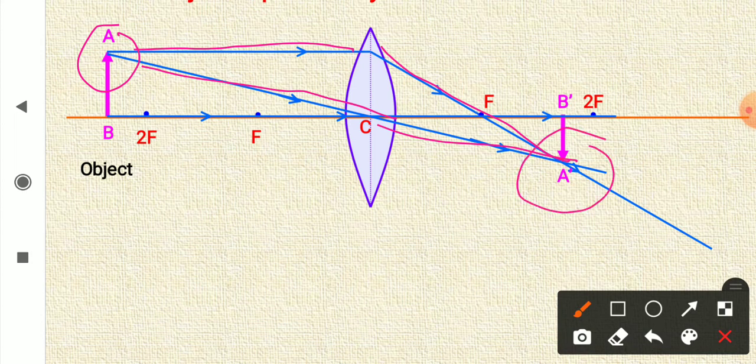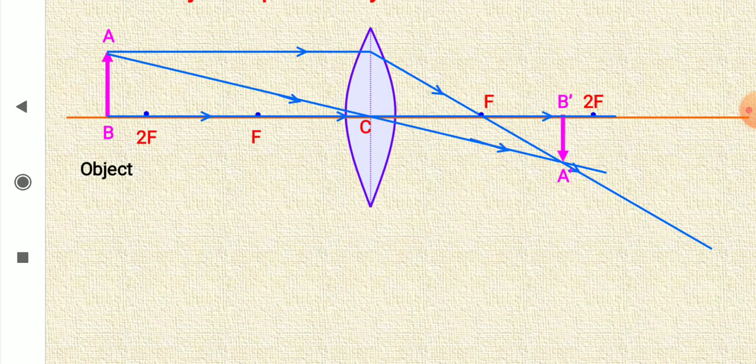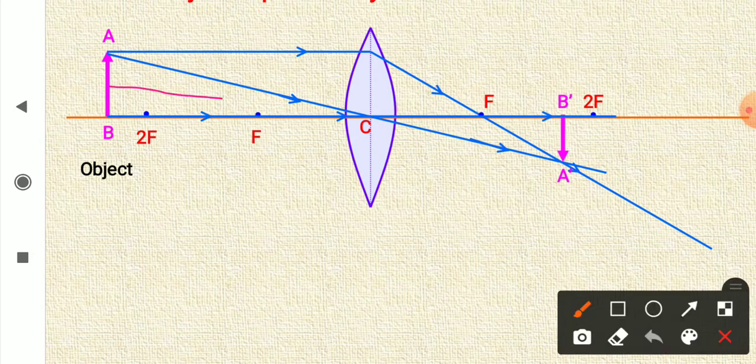So the head is formed here at the point where they meet, and this ray which is coming from the tail is formed at this point, and in between, the rays which start from here will meet here. The rays which start from here will meet here.